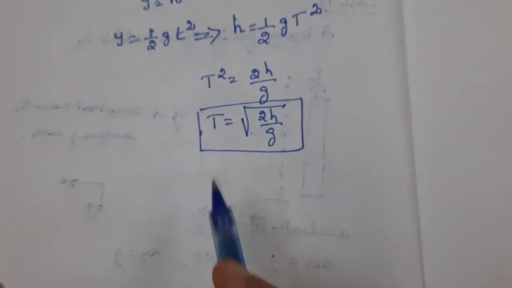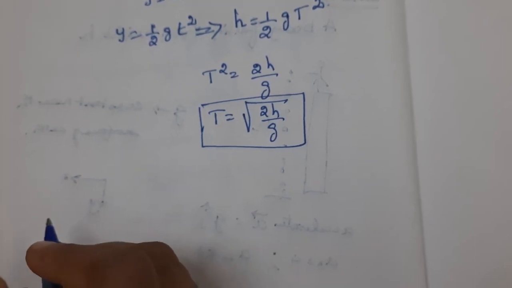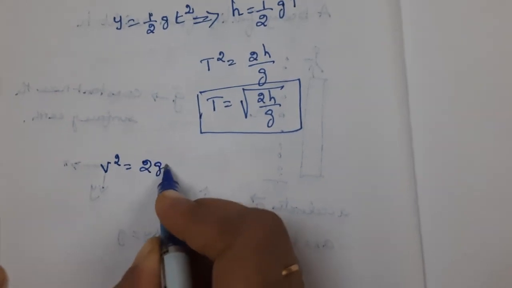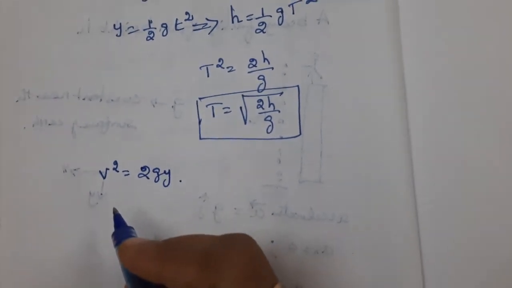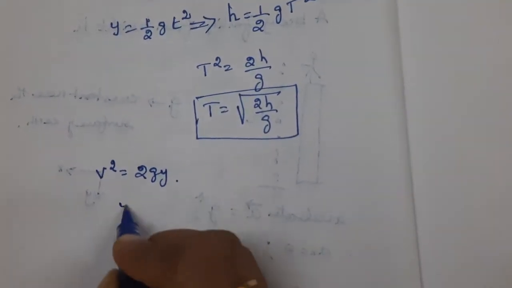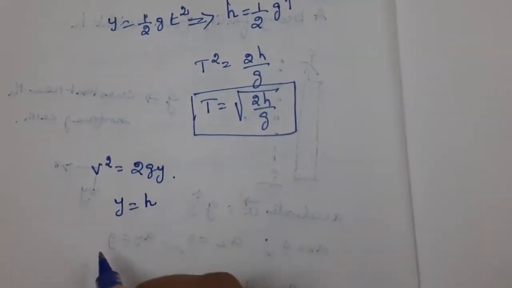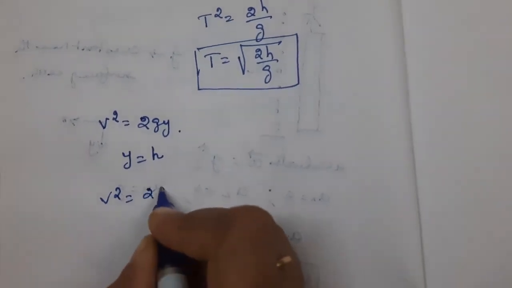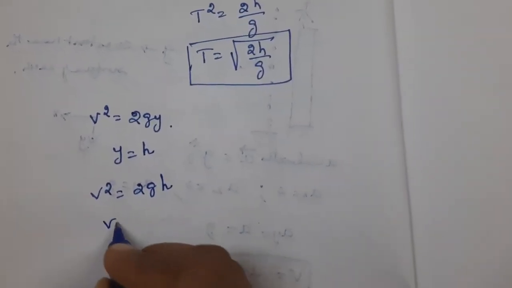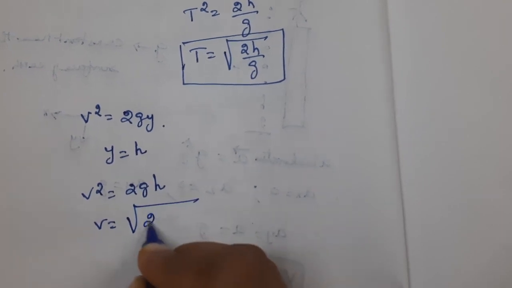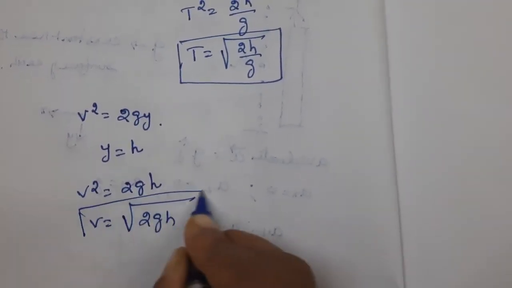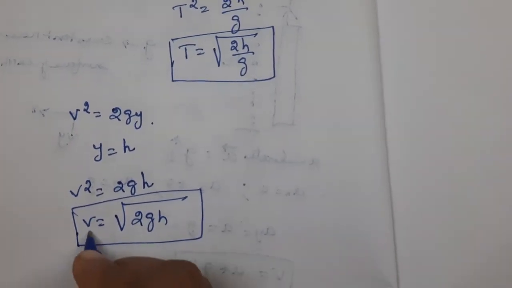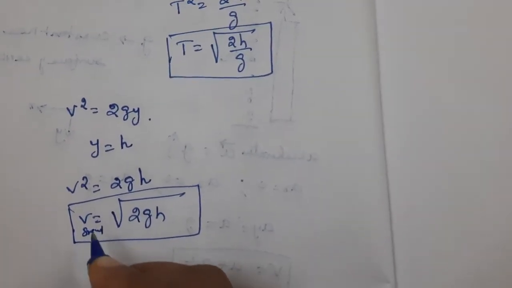Let's find the speed of the particle. So we can take the relation v square equal to 2gy. Here substitute y equal to h. So v square equal to 2gh, v equal to root of 2gh, or we can say v ground.